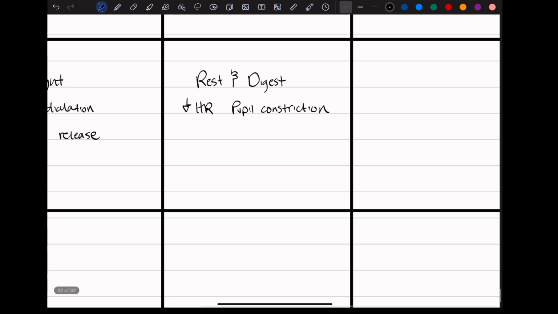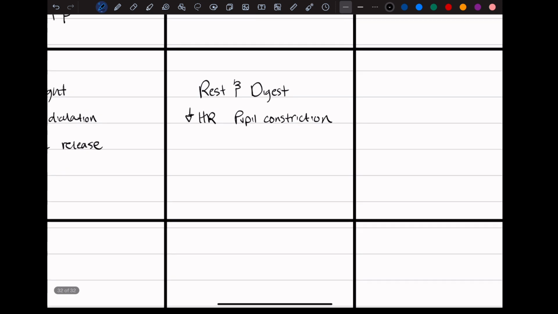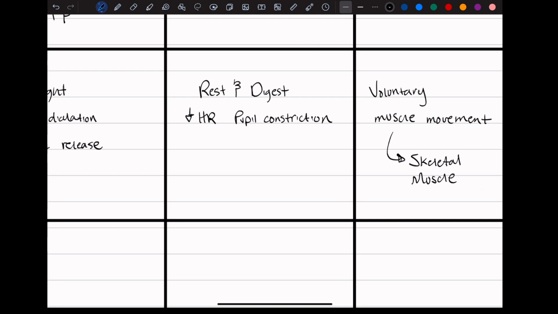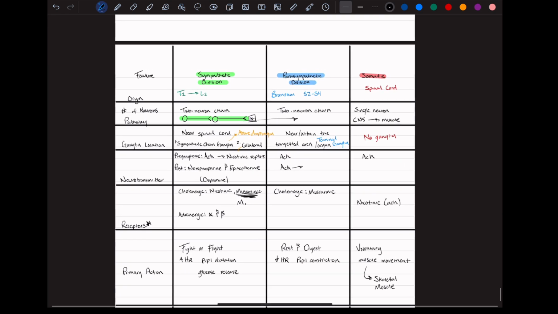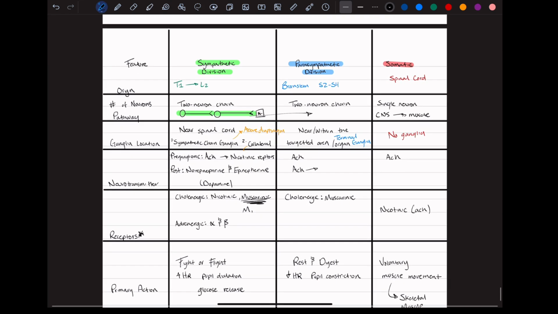Okay, and for our somatic nervous system, it's going to be voluntary muscle movement, specifically skeletal muscle. Okay, so those are all the parts to fill for this.